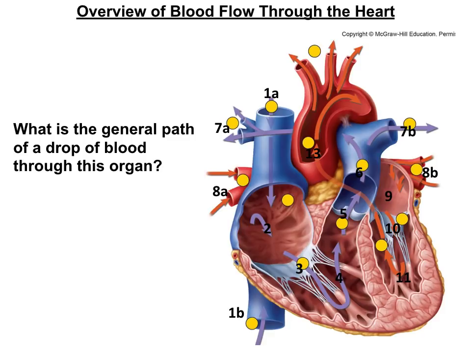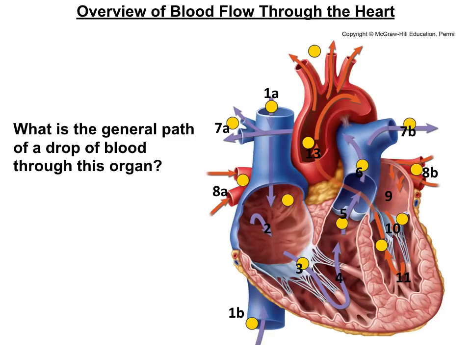Now, at this point, what I'd like to do is take all of the different parts of the heart and tie them together into one big story. As if you are a blood drop, you are coming from some place in the body. You are deoxygenated.